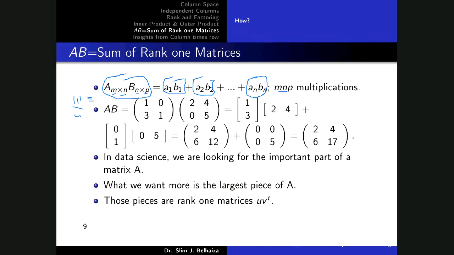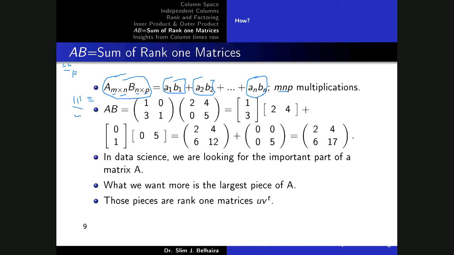So for a single column by row, how many multiplications do you do? Or let me talk about it in reverse. If you do a row by column, in every row, how many entries do you have? You have n, multiplying n. Right.